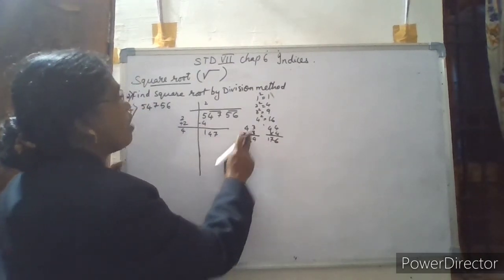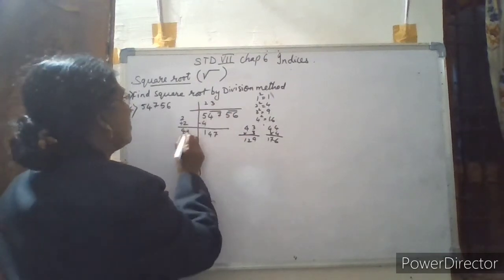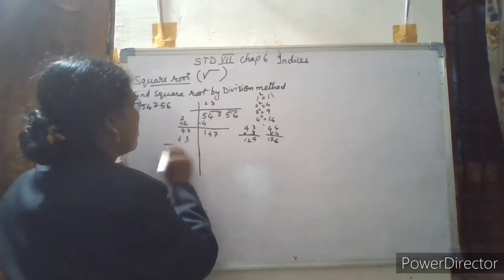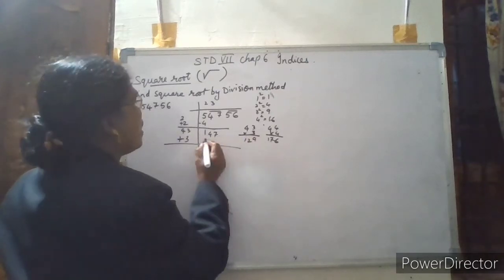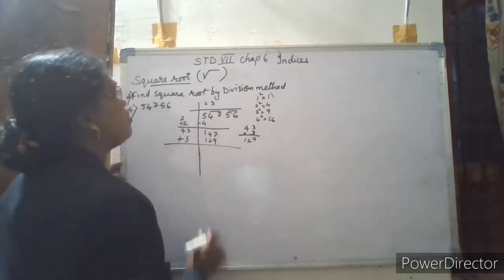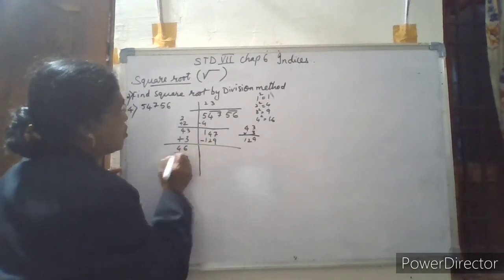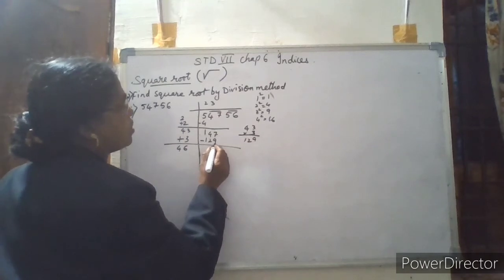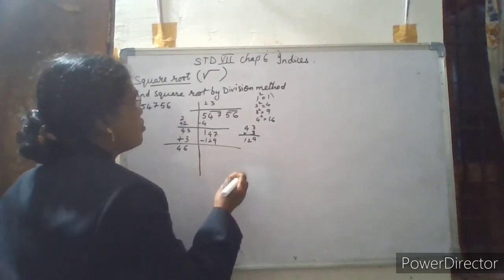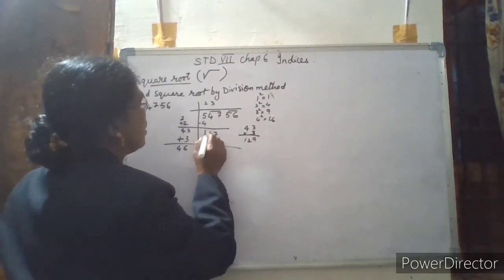So write 3 here, plus 3. We got it as 129. Now do subtraction, do addition. Here 6, I get 46. Subtraction means we will get 9, 8, then this carried 1 is 3. 3 minus 2 is 1 left.